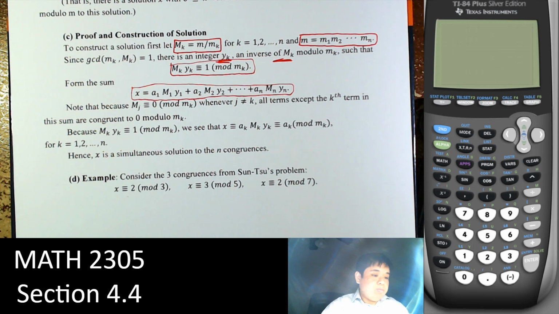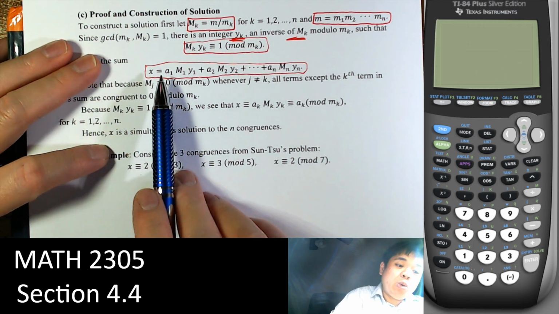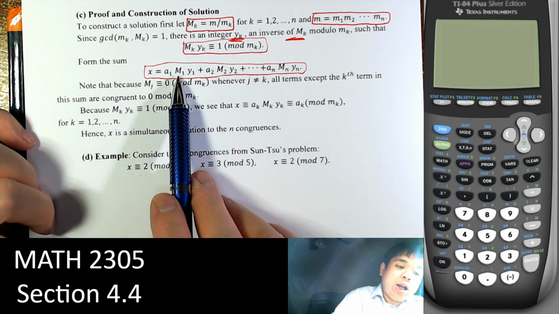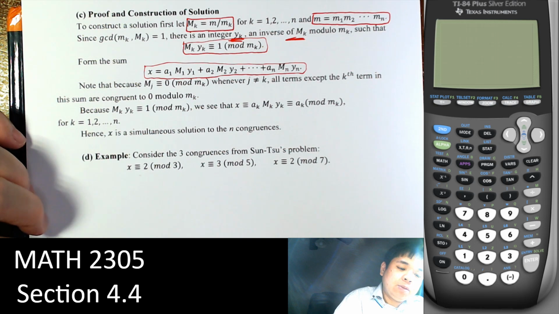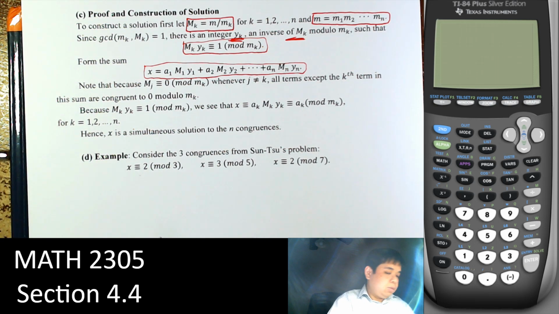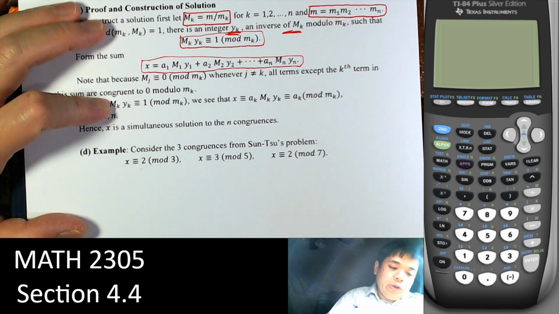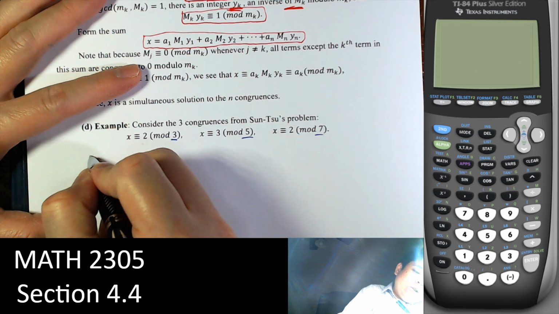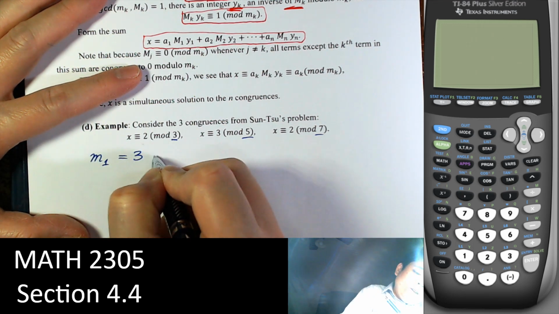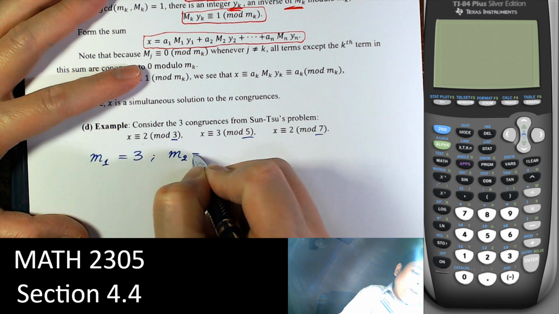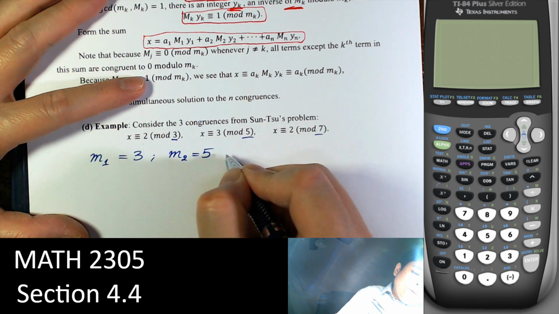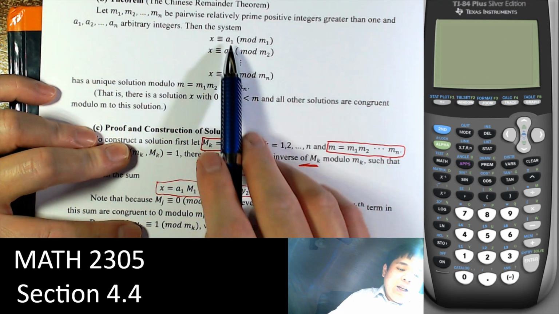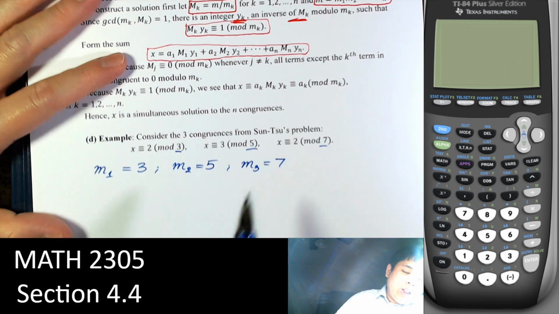Right, now let's construct things. So first, in this equation we have M, a1, little m, and now we'll construct a1, M1, and y1. Right, so first we have modulo 3, 5, and 7, so that is m1, m2, m3, and the a's are what it is modulo, so 2, 3, and 2.